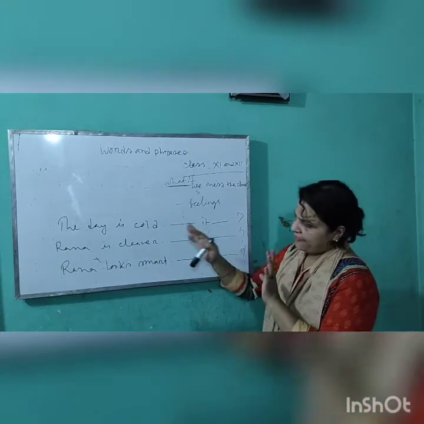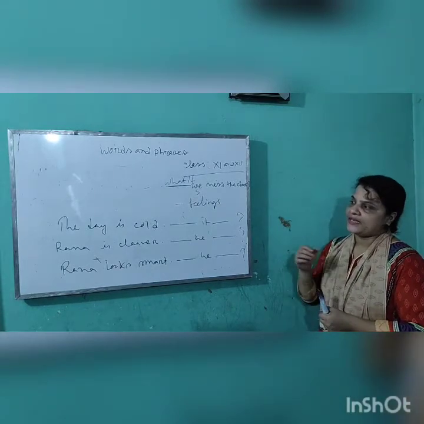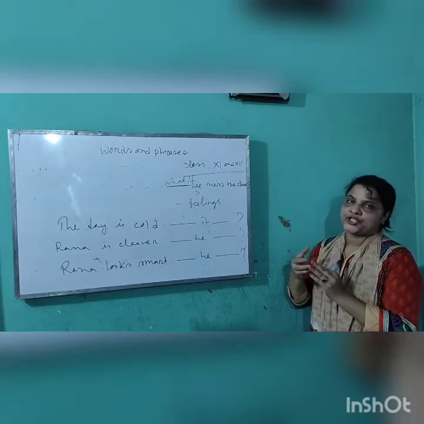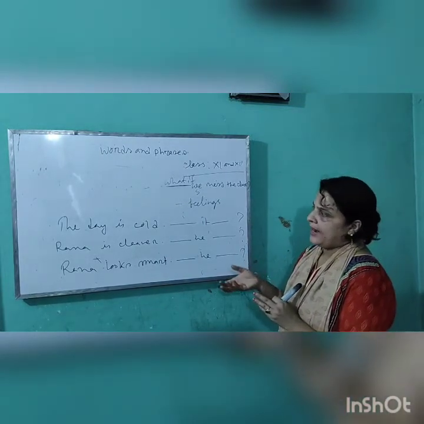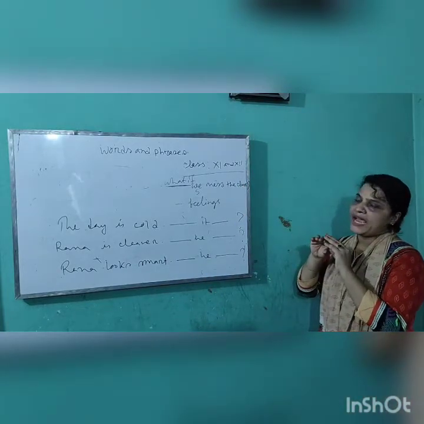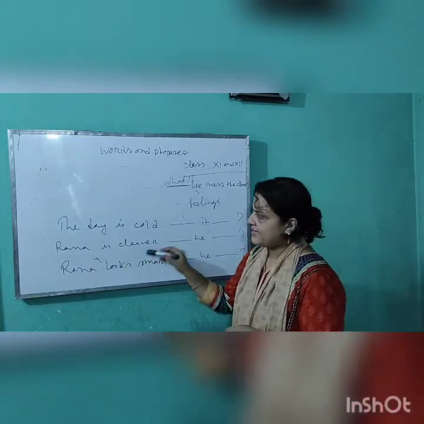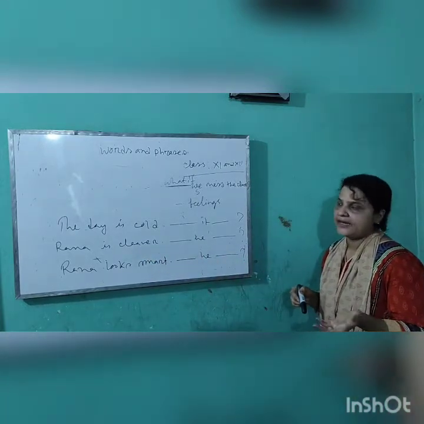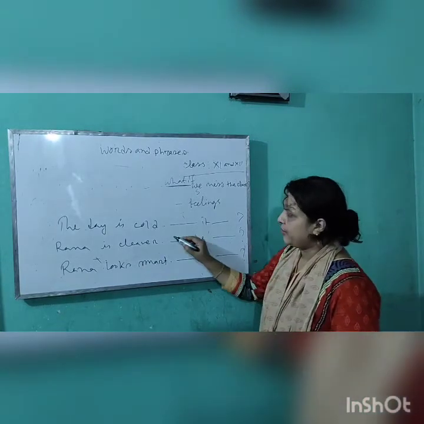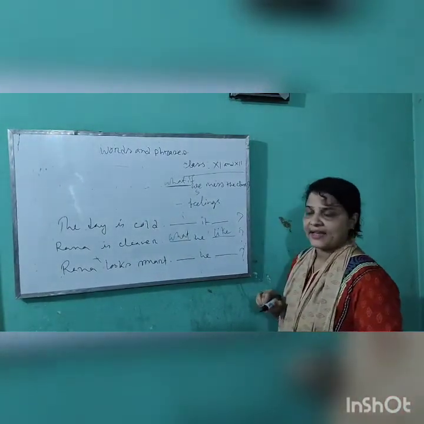So I have already told you what is it like and what does it look like. What does it look like indicates the concrete shape or appearance, and what is it like indicates the abstract thing, the mental thing. Like Rana is clever. It can't be seen. You can't see the appearance of clever. So you can use what is he like.